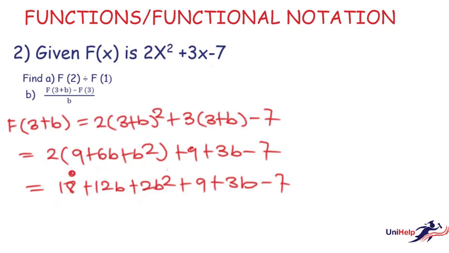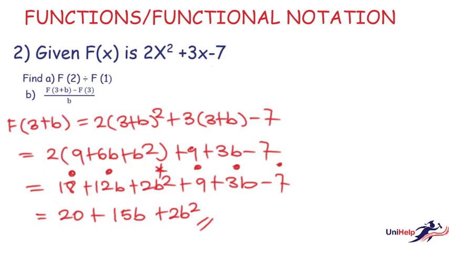Now 18 plus 9 minus 7 is equal to 20 plus 12b and 3b are equal to 15b, and we have 2b squared left. So this is the value of f of 3 plus b.